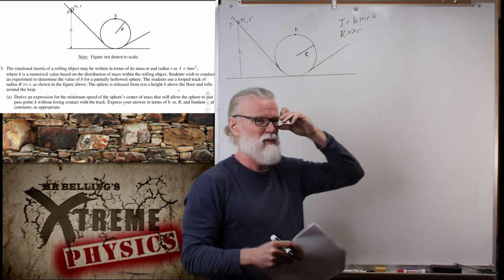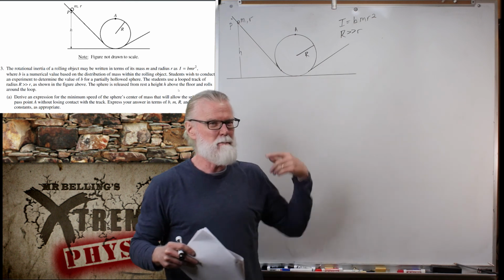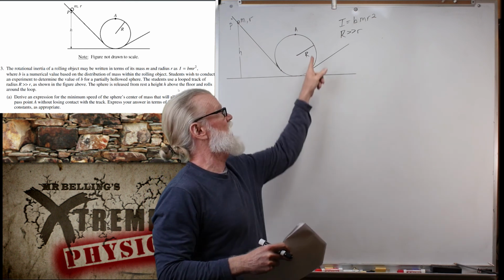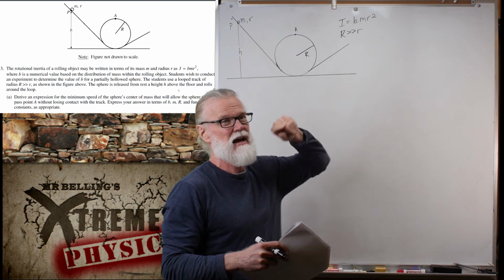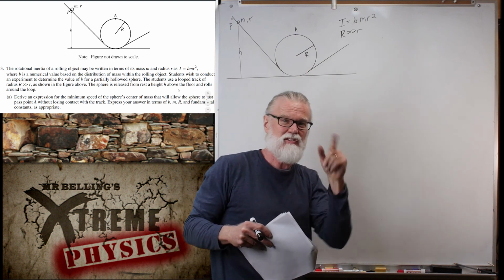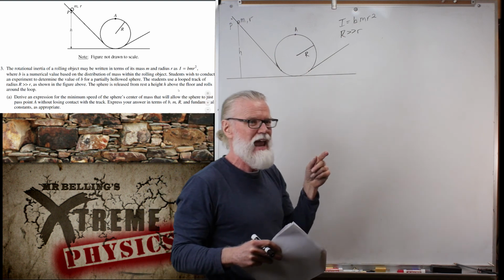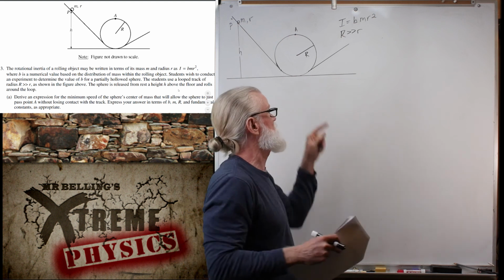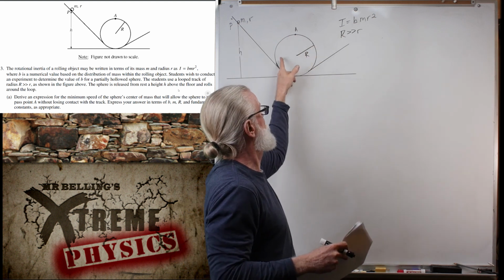All right, they told us something really important there. They want the minimum speed, so it just goes around. They're saying it's in circular motion, but if it was going any less fast, it wouldn't stay in circular motion. It would fall off.